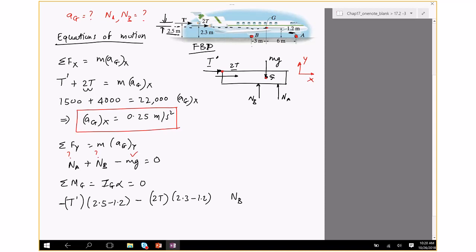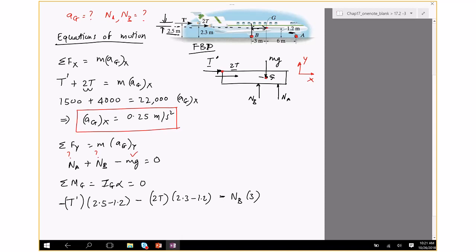NB is at a distance of 3 meters from G. So that's the perpendicular distance from the point of application of B and G. So NB times 3 is the moment. And again, if you hold the object at G and apply NB, it's also going to cause a clockwise torque or clockwise moment, so negative.